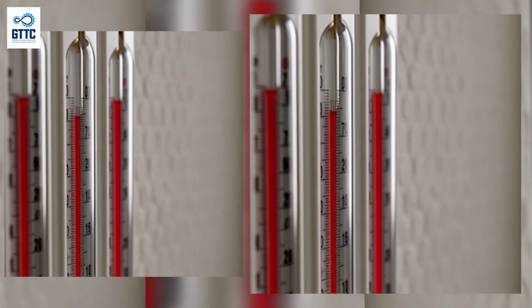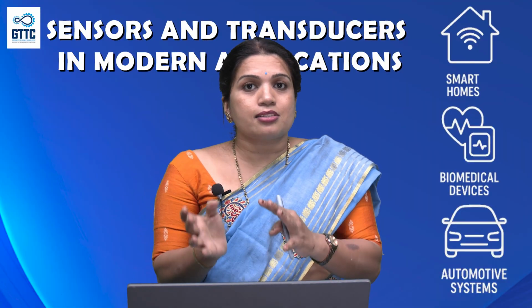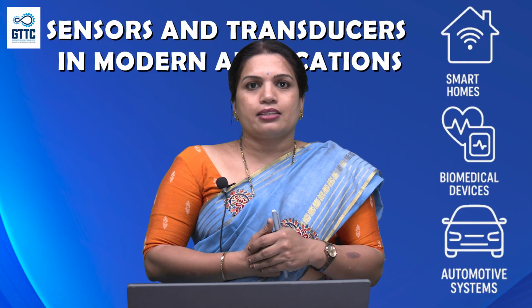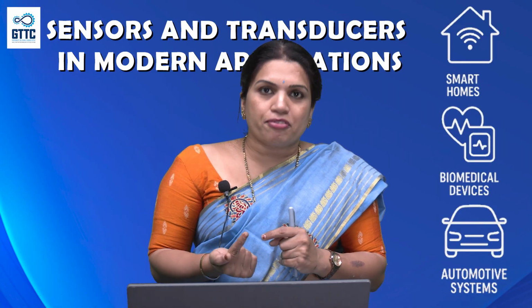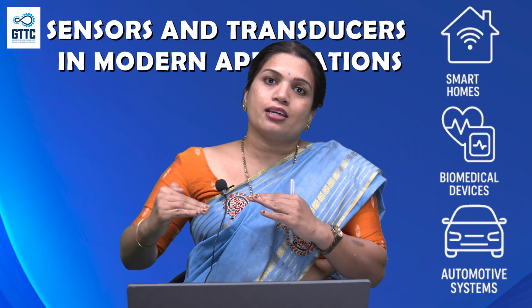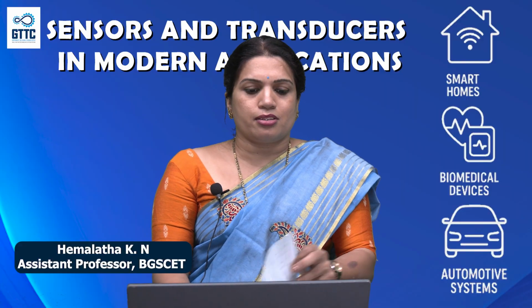When temperature increases, resistance decreases. These types of thermistors are used in certain applications. PTC is positive temperature coefficient. When temperature increases, resistance also increases. This is the second type of thermistor.